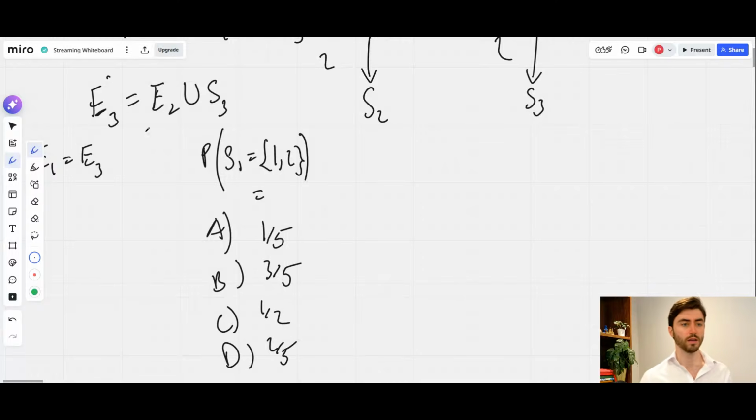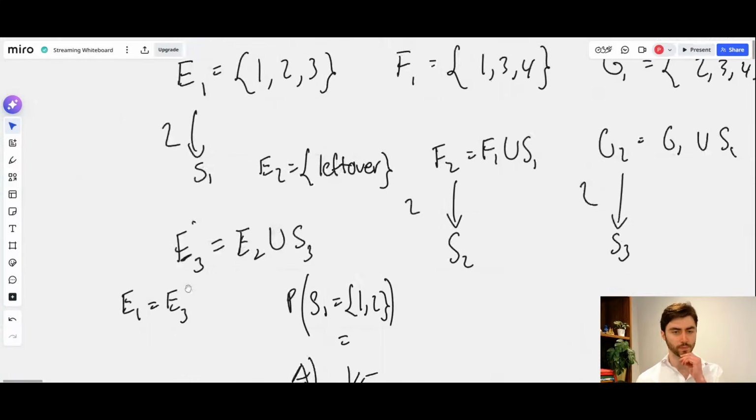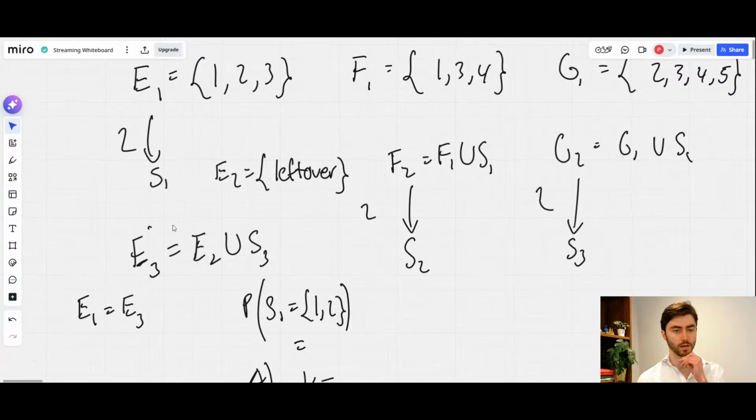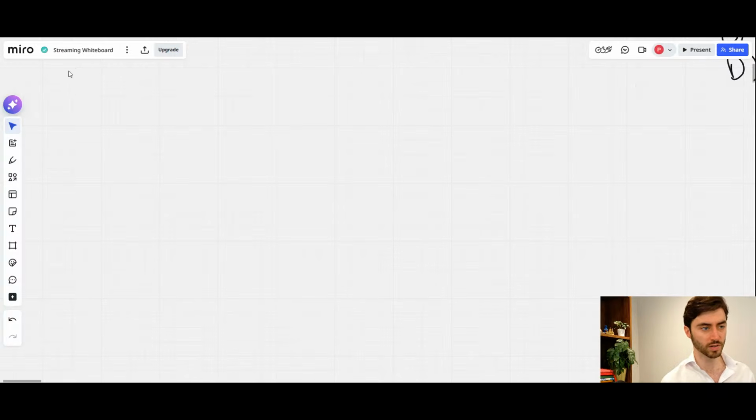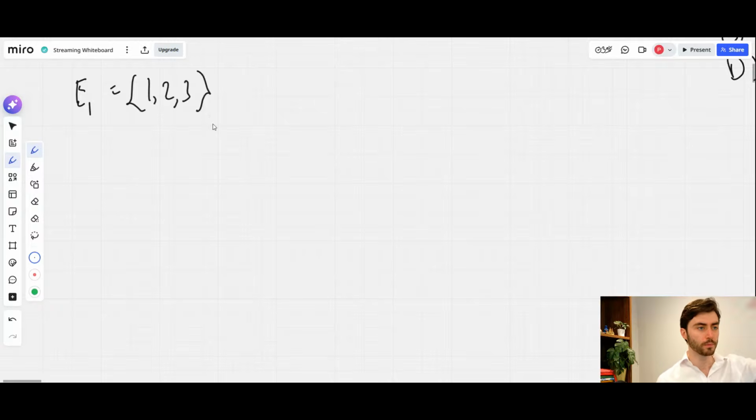Okay, so let's do some outcomes here. Let's just do a sort of tree diagram situation. So E1 is 1, 2, 3. Then 2 elements are chosen without replacement from the set E1, and let S1 denote the set.